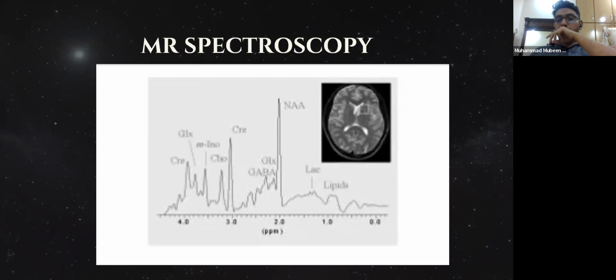Instead of using radio frequency for hydrogen atoms, we can use it for lipids, lactate, N-acetylaspartic acid, creatine, choline, and other substances. We give radio frequency pulses at their particular frequency, and we get back the signal, and we can calculate the concentration of these molecules in that particular area, and then we use that concentration to interpret the results.